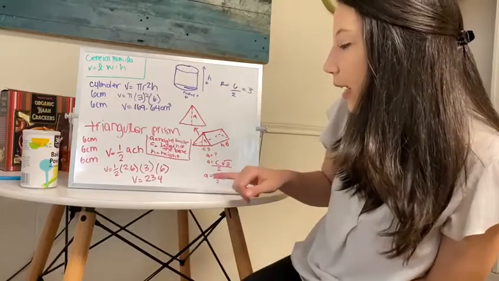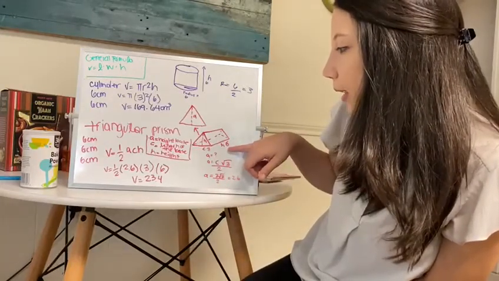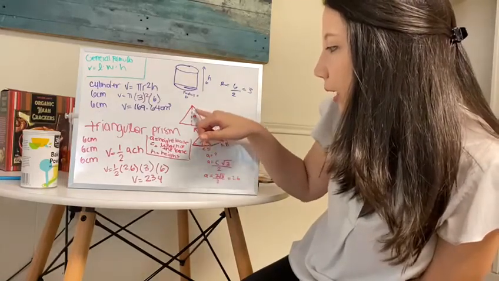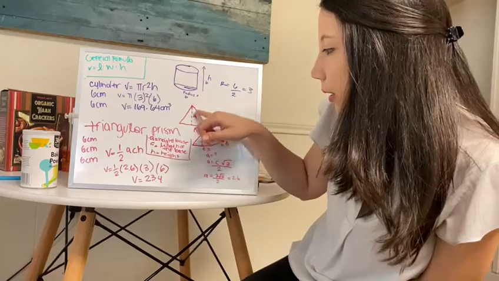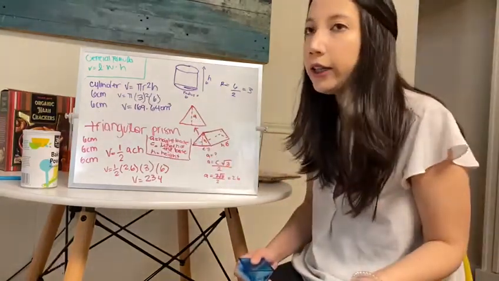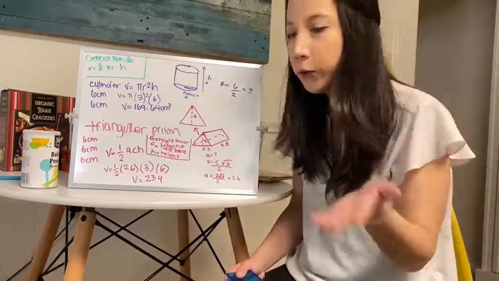In this case, we only have the height and the length of the base. We're still missing the height of the base. So we're going to go ahead and calculate it. And how do we calculate that? Still, we will use a formula.